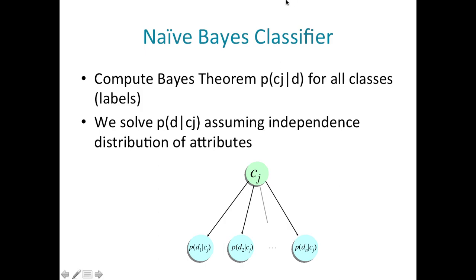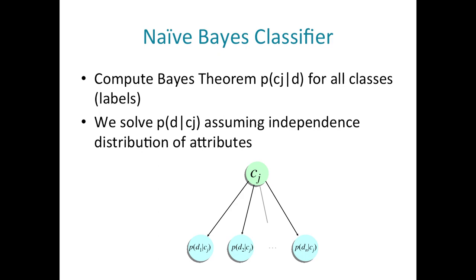To compute these probabilities, we use Bayes' theorem, and the more complex component to solve is the other conditional probability: the probability that, given a class, a set of features is going to happen. So given that we know we have a banana, what's the probability that the color is going to be yellow and the size is going to be, I don't know, 5 centimeters?